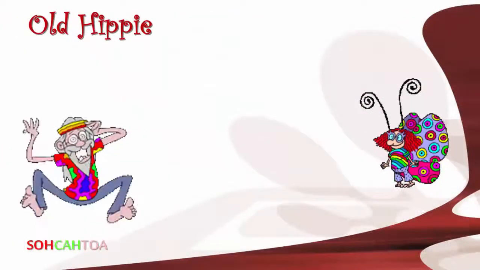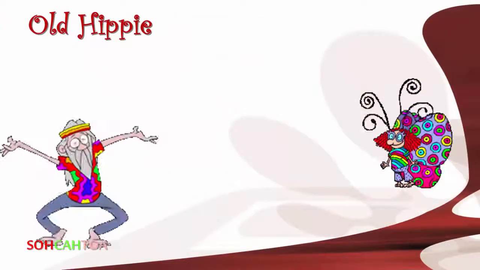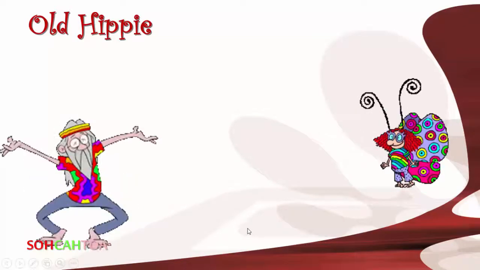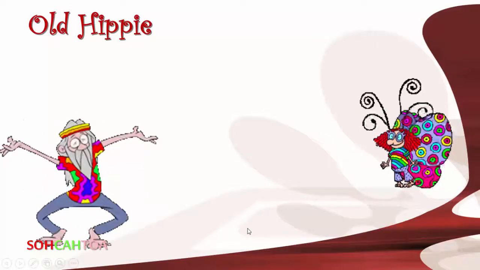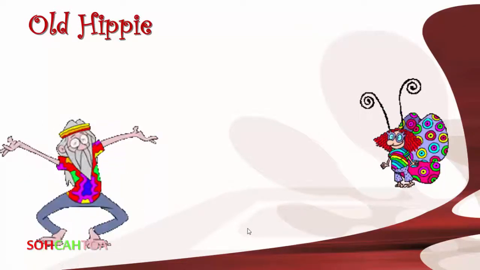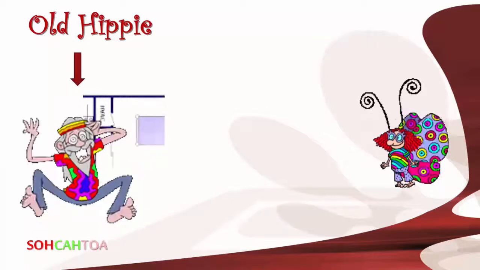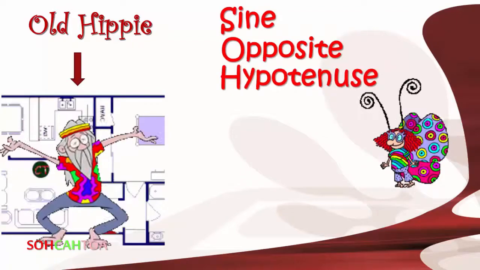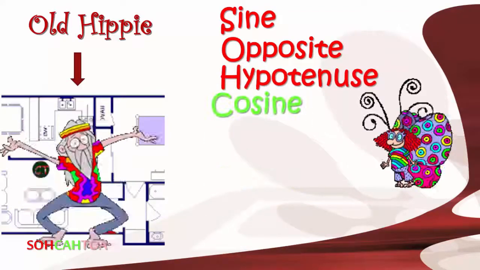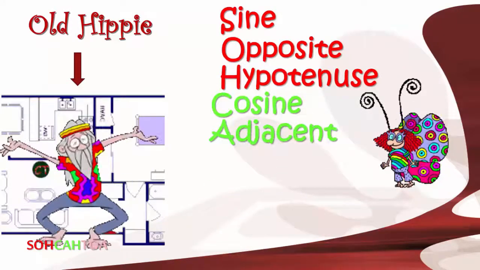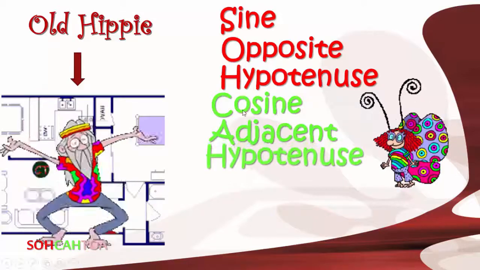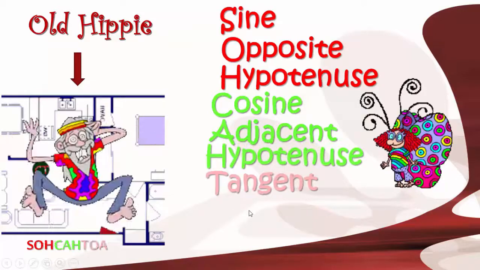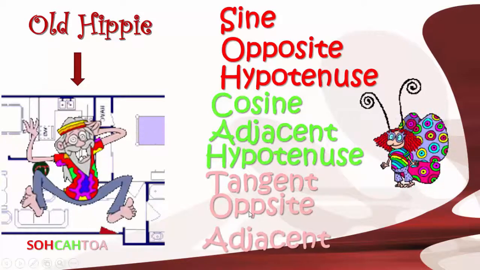Now, how are we going to remember all of this? This is sort of hard to remember. I bumped into this, and this one actually helped me: some old hippie is going to help me out. We know that sine is opposite over hypotenuse, cosine is adjacent over hypotenuse, meaning the one next door, and tangent is opposite over adjacent.